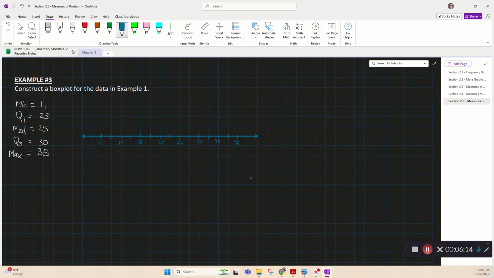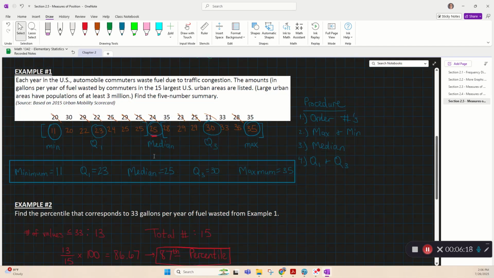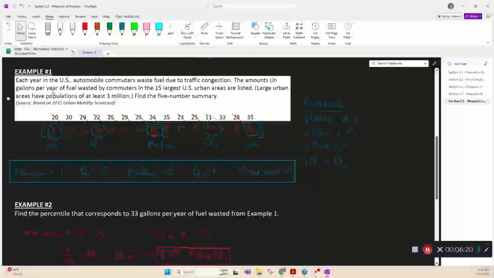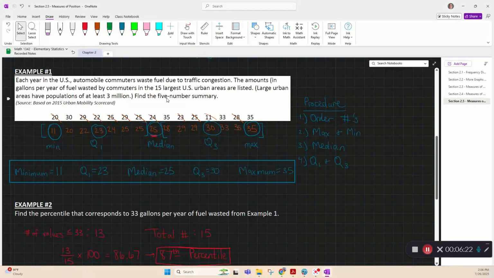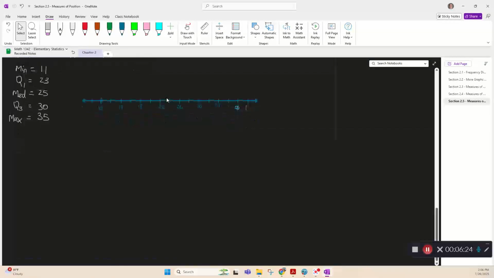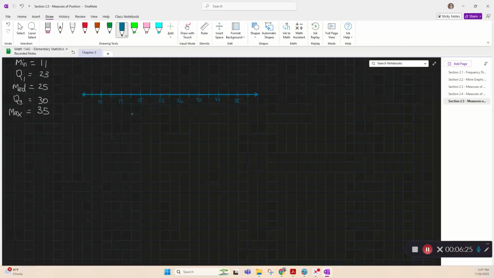Let's label our axis with what kind of data we're talking about here. So what is our data? It's the amount of fuel wasted. So fuel wasted in gallons. Okay.